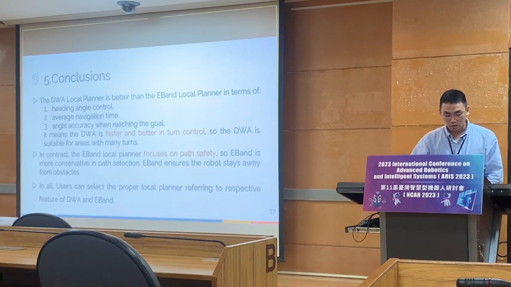In contrast, the TEB local planner focuses on safety, so TEB is more conservative in path selection. TEB ensures the robot stays away from obstacles. In all, users can select the proper local planner, referring to the respective features of DWA and TEB.